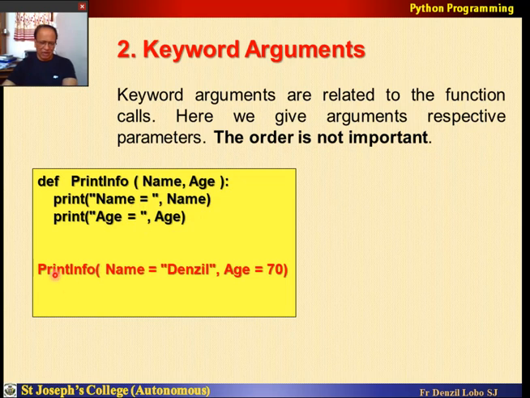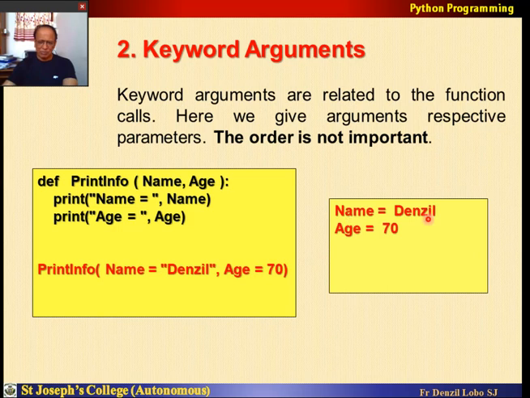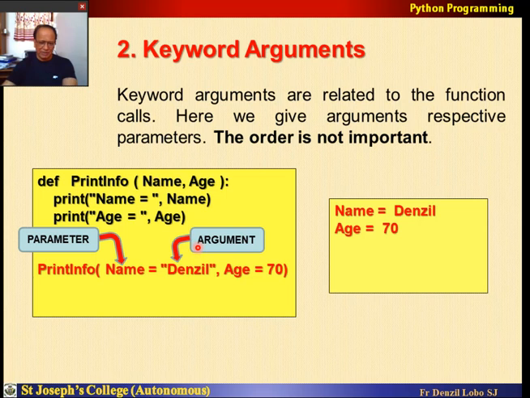So I've got this function call, and I'm giving arguments Denzel and 70 to parameters name and age. So it prints immediately name is equal to Denzel, age is equal to 70. So this is the parameter which I have declared while declaring the function and writing the function, and this is the argument I am passing.